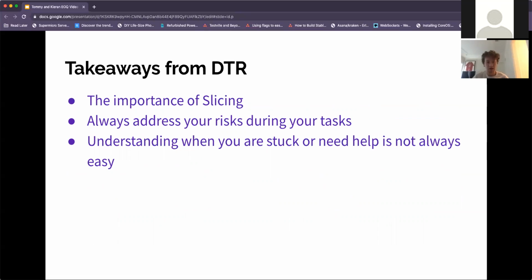And the last thing is understanding when you are stuck, and that it's not always a bad thing or an easy thing to identify when you need to improve, and having the ability to self-reflect during a process or task and make sure you're heading in the right direction and using the right work strategies.